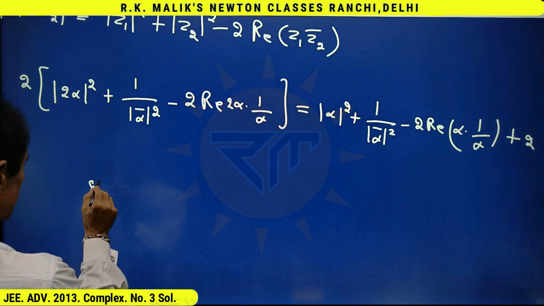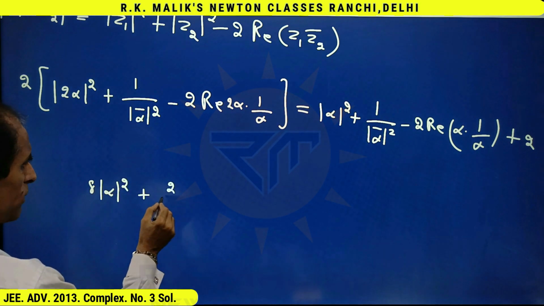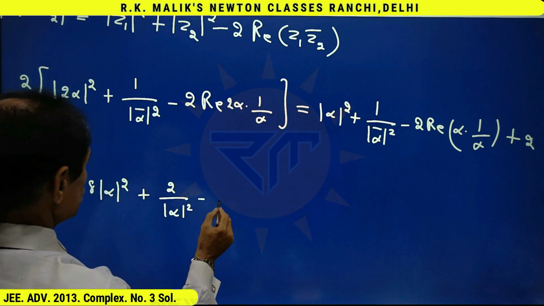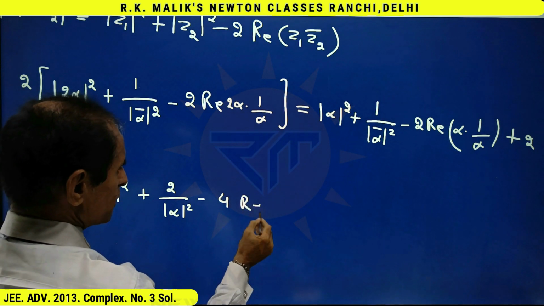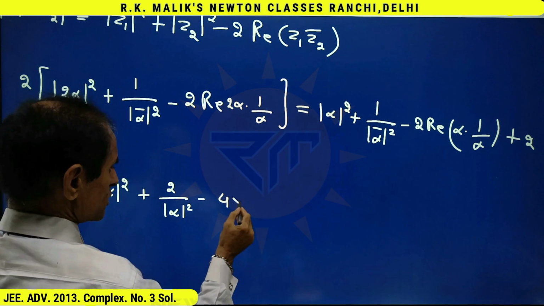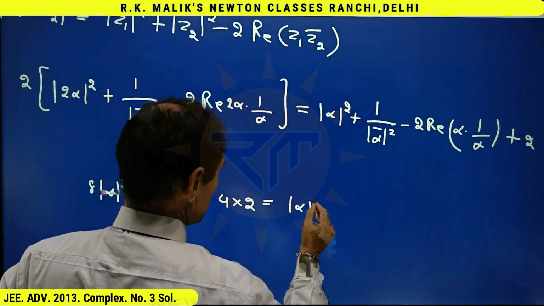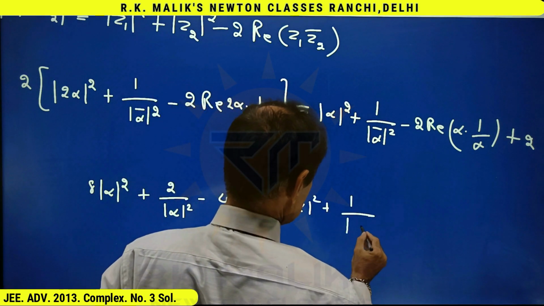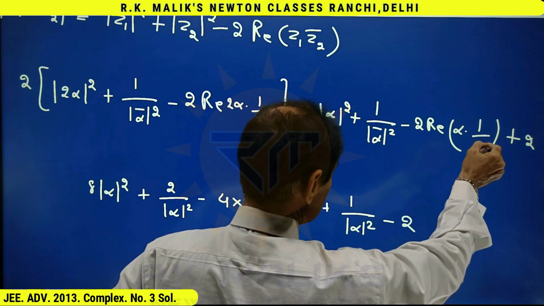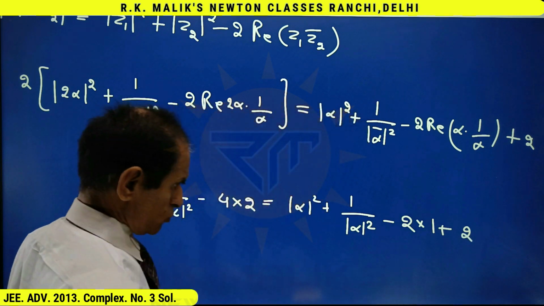And this means 8 times mod alpha square plus 2 times 1 by mod alpha square minus 4 times real part of 2, and real part of 2 means 2, equal to mod alpha square plus 1 by mod alpha square minus 2 times real part of 1 is 1, plus 2.